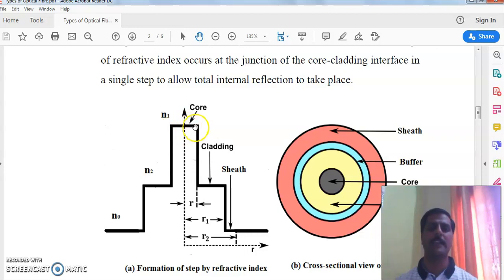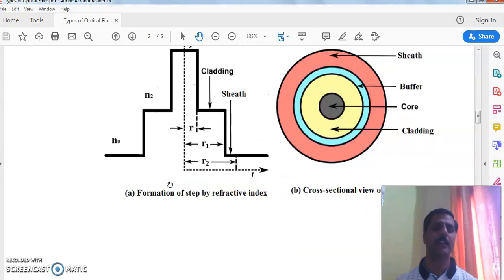Both sides of the axis vary uniformly at the same height, and then at the boundary when we reach the cladding, all of a sudden N1 decreases. This is a sudden decrease, and then again it becomes uniform on the left hand side and the right hand side of that axis, both sides of the core, as in the diagram.